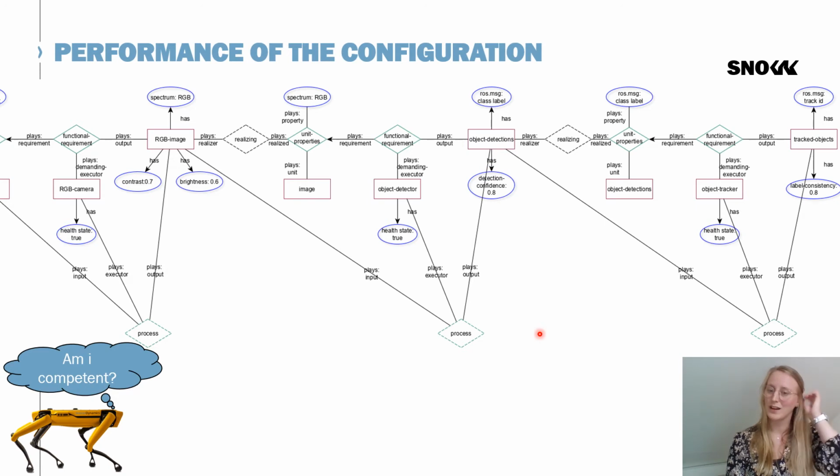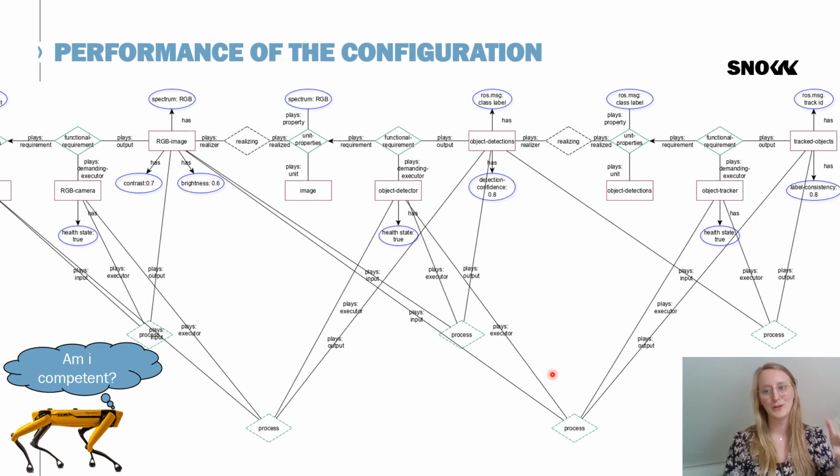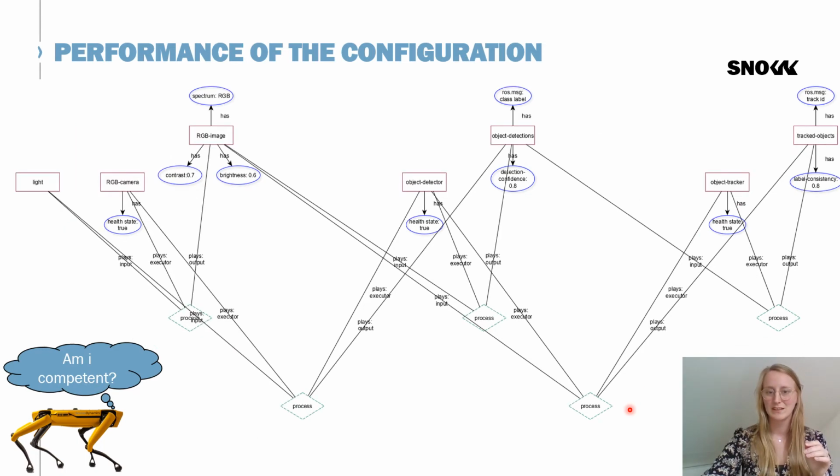And we can even get one level higher and say, no, the real process happening here is this process, which takes an RGB image as input and uses two executors, namely the object detection and the object tracker, to create the tracked objects. As we reason about this in this way, we can eliminate some data in this reasoning process. In this case, we can reason a bit faster with less complex models while these relations are verified by the underlying slightly more complex model.